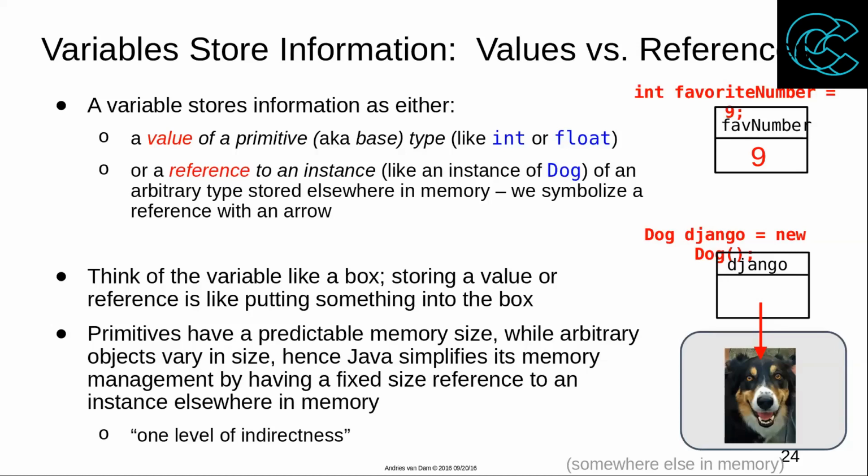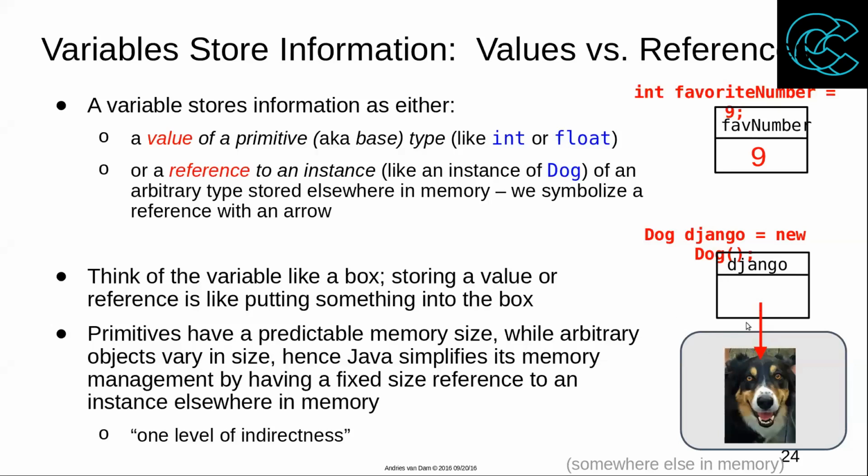This is very much like your linked list, where you can create an arbitrarily large linked list and you simply store the head information here. But in this case, you have the exact value, and that gets stored here. So that's the difference between value and reference.